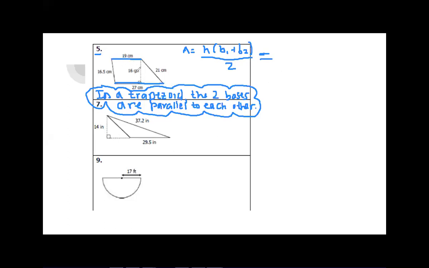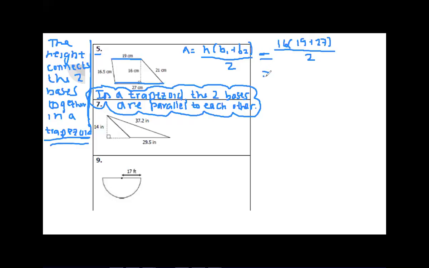That's going to be the 19 and the 27. So when I plug them into the formula, I have to make sure that I include this parentheses here, because I have to do everything inside the parentheses before moving on to the next thing. Okay, the height connects the two bases together. That's going to be the 16. And then all of this is going to be divided by 2.